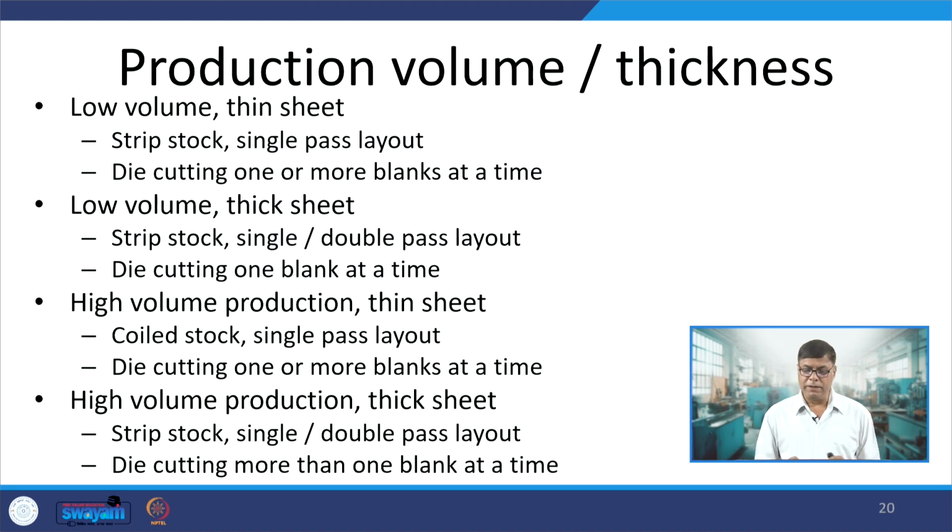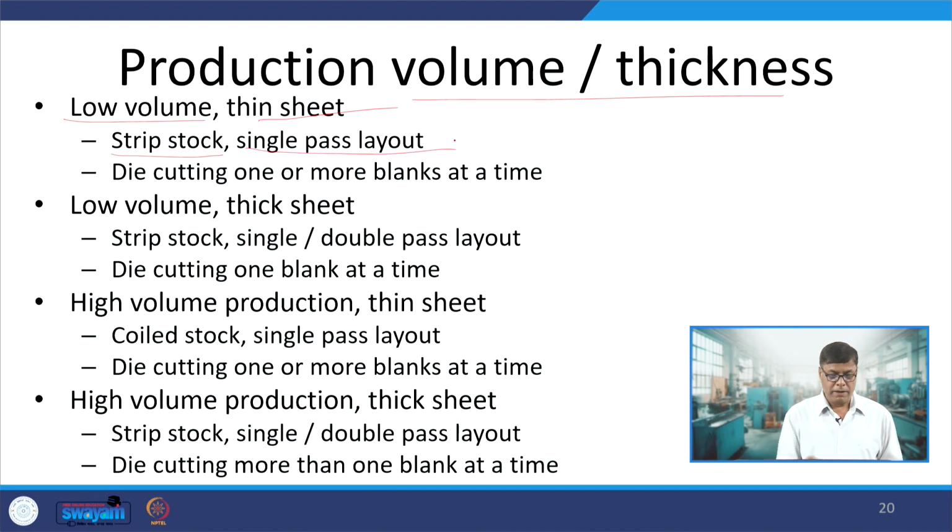The volume of production and the thickness are two very important aspects. If we are dealing with low volume and thin sheets, then strip stock is used with a single pass layout and die cutting one or more blanks at a time. For low volume thick sheets, strip stock is used, with a single or double pass layout and the die cutting one blank at a time.